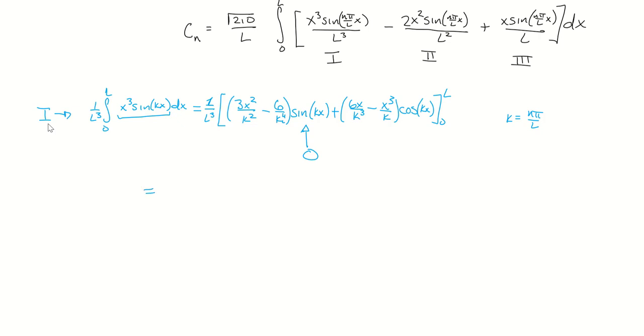So when we plug in those limits, we end up with this integral being 1 over L cubed times, imposing L there, 6L over (n pi over L) cubed minus L cubed over (n pi over L) times cosine of n pi.